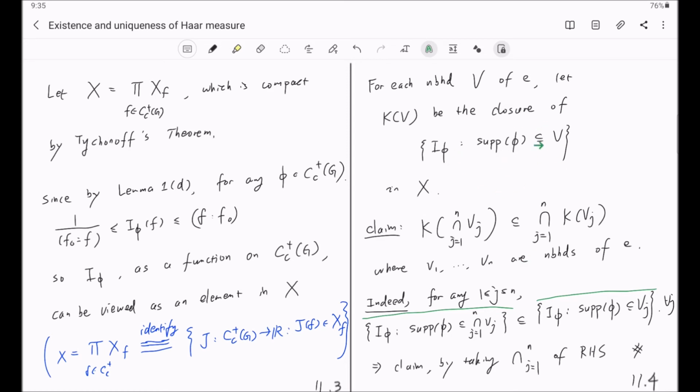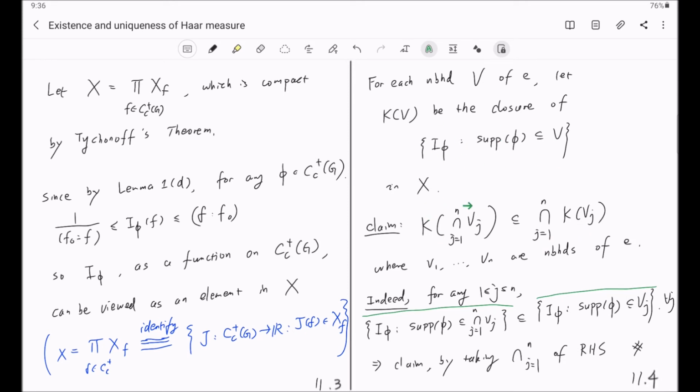And from that non-empty intersection, we'll produce the I we want. That's the idea. That is why we are considering this claim. We're going to show that this will be non-empty, and then we'll take the arbitrary intersection of all of such things.